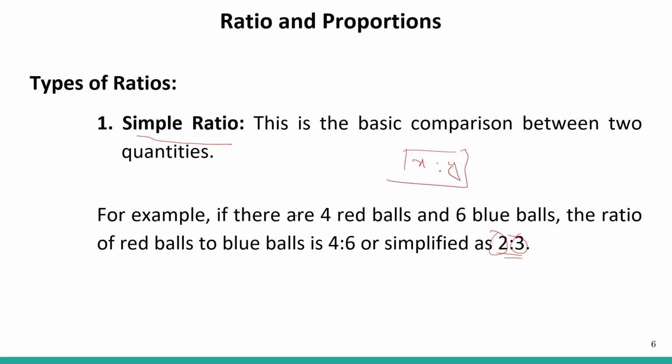For example, there are 4 red balls and 6 blue balls. These two quantities are being compared in terms of quantity. It simplifies to 2:3, so 2:3 will be their simple ratio.